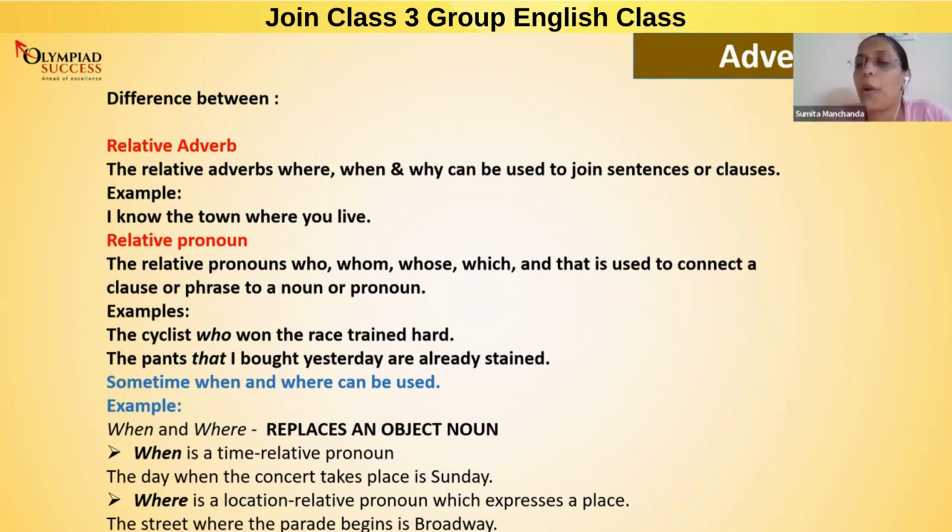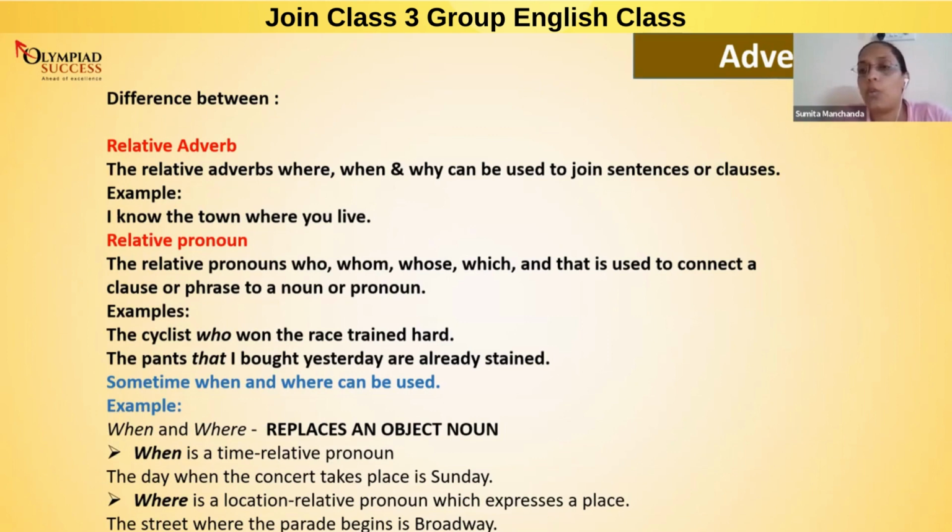Now, Navya, two of them have explained. Are you able to understand now, beta? Tell me. Still no? You know what a noun is? So, beta, tell me, in this sentence, the cyclist who won the race trained hard, which word is a noun? Cyclist. So the sentence is talking about the cyclist.